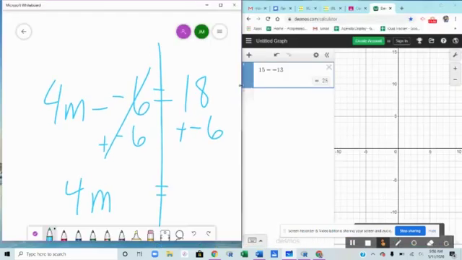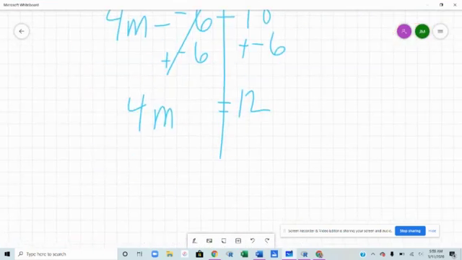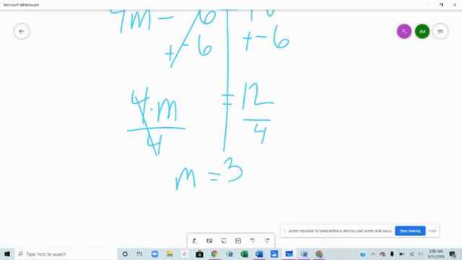Another place where Desmos might be helpful, we have 18 plus negative 6, which is 12. Now you have 4m, there's your imaginary times sign, so divide by 4 on both sides. Your 4's are gone. M equals 12 divided by 4 is 3.